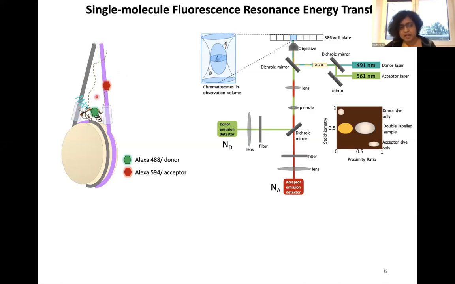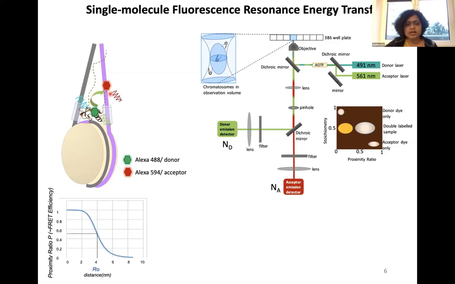When the red dye is absent, or if the red dye is far away from the green dye, then the green dye fluoresces. If the red dye is present and is close to the green dye, then the green dye transfers its energy to the red dye and the red dye fluoresces. Now, this transfer efficiency is inversely related to the distance between the two dyes. So basically, if the dyes are far away from each other, the transfer efficiency is less. And if the dyes are close to each other, the transfer efficiency is more.